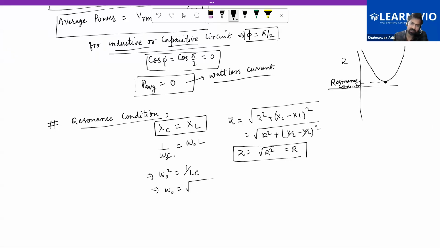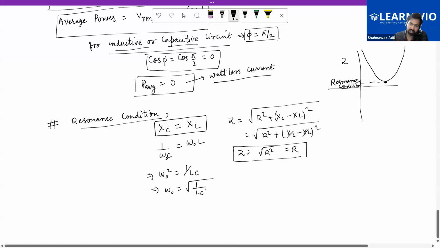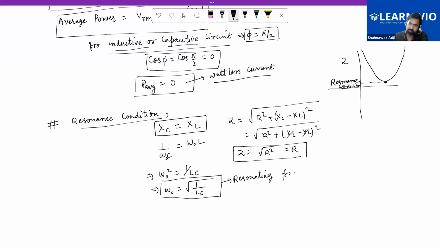So omega naught is 1 over root LC. So this is the resonating frequency, right? So these are the important terminologies for the AC current.